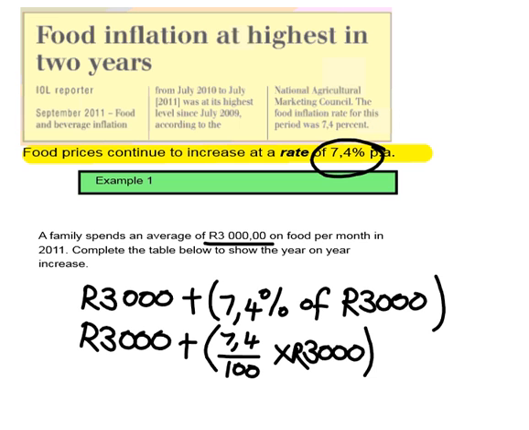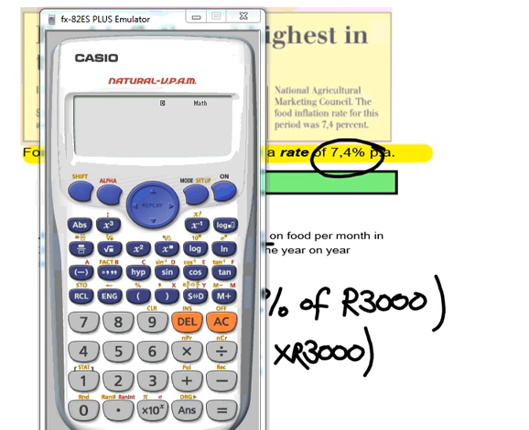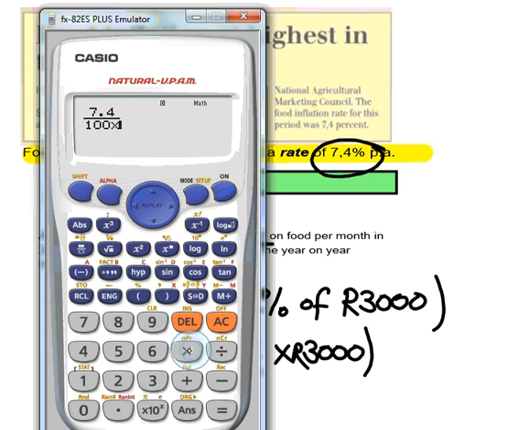Okay, it's a good idea to go and do that on the calculator. We've got 7.4 over 100 multiplied by 3,000. Oopsie. Delete. Multiplied by 3,000 equals, and that was 222 Rand.